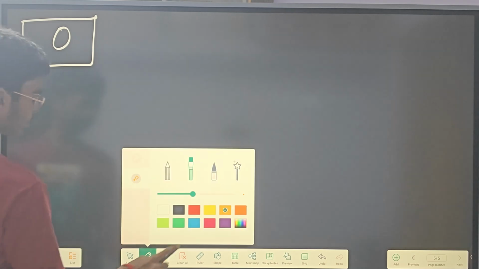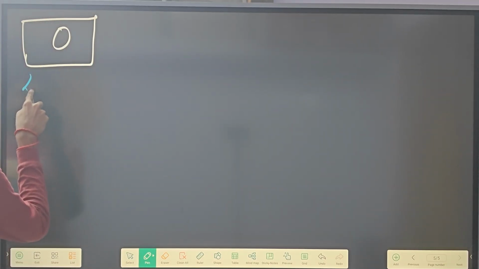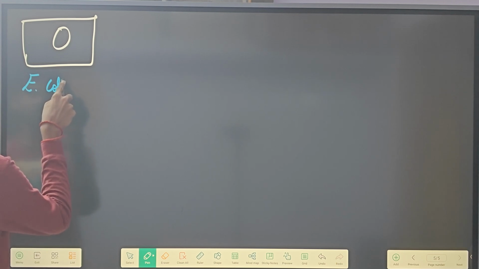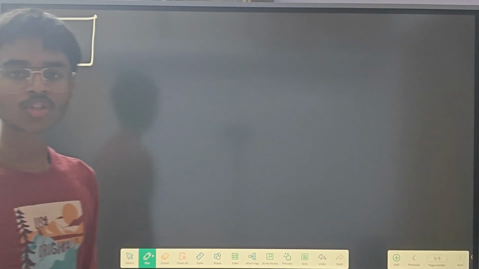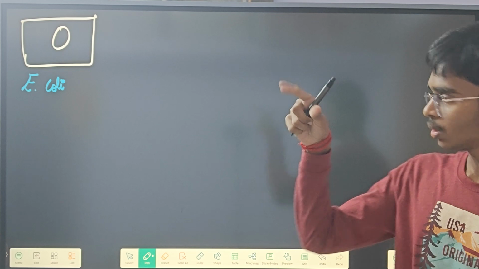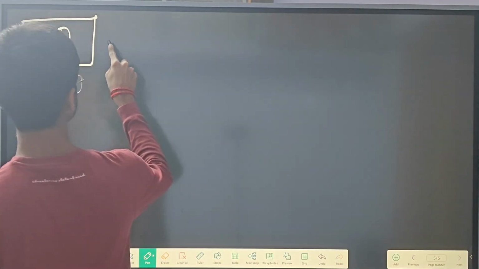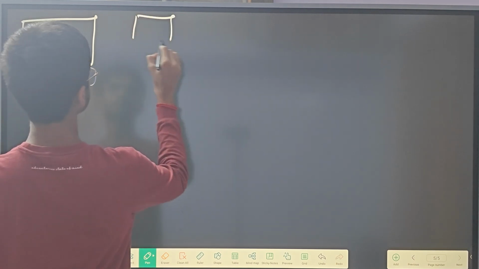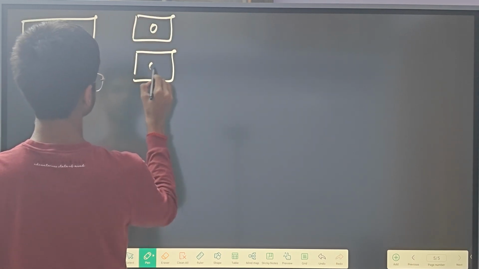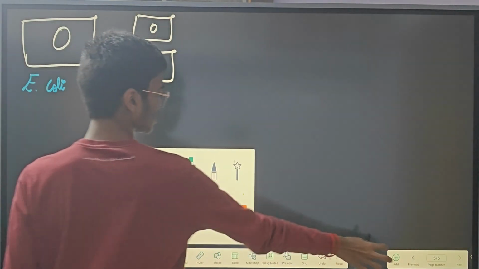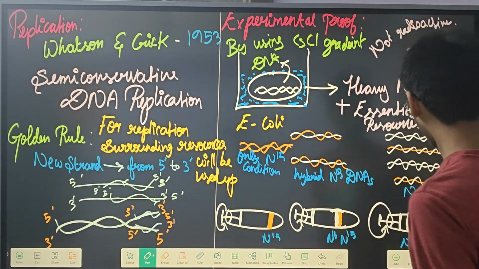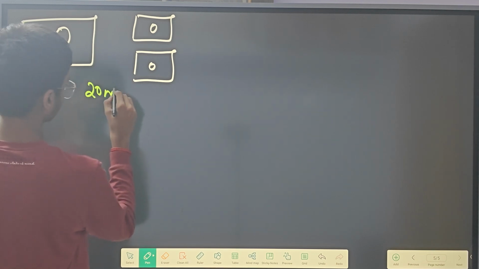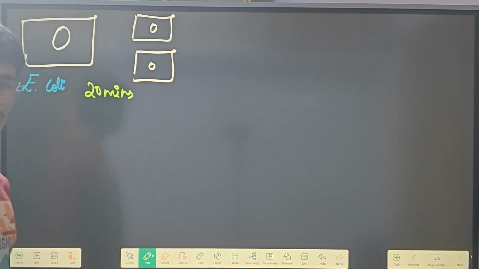So this one equalizer will be split into two different equalizers. I am just talking about this replication process of the equalizer. It will take around 20 minutes to split into two different equalizers.